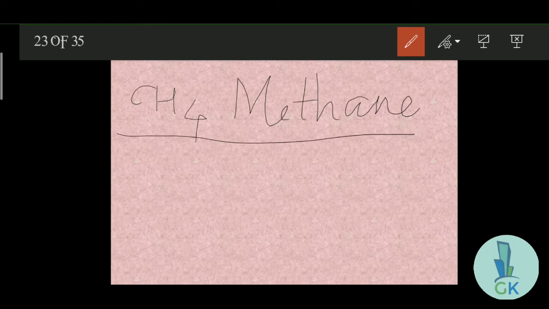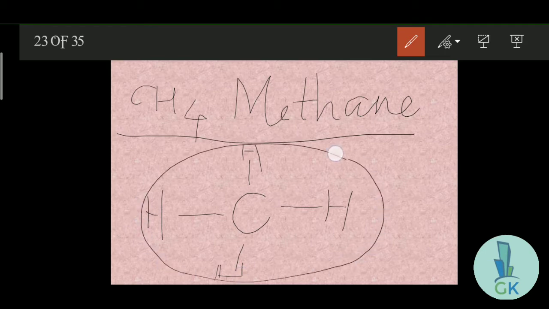Now how is the structure made? So this is C. This is the structure for methane, that is CH4. I have already shown you the structure for methane, isn't it? One pair of electrons is shared between hydrogen and carbon, and these are the single bonds.